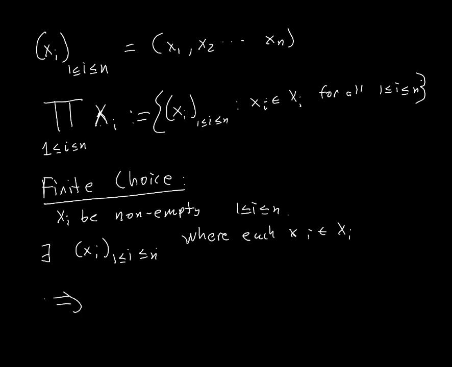This is actually equivalent to saying that the product, for 1 less than or equal to i less than or equal to n, of the X_i's is non-empty. Why? Because the product will give us these n-tuples, and we can actually prove that this product is empty if and only if we have an empty set.